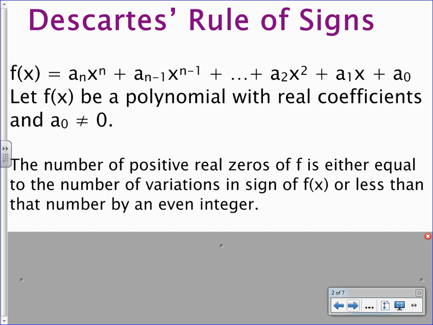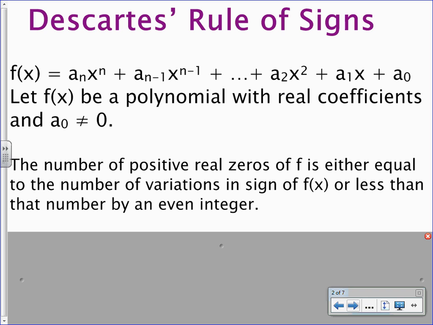Okay? If we have 4 sign changes in our polynomial, then we could have 4 positive real zeros, or we could have 2 positive real zeros, because there could be 2 imaginary, or there is a possibility of 0, because they all could be imaginary.